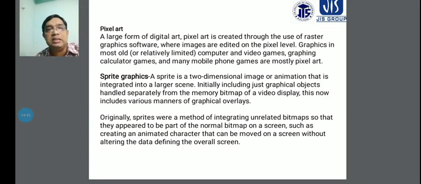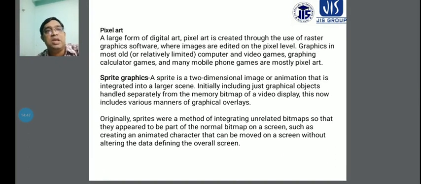Another type is sprite graphics. A sprite is a two-dimensional image or animation that is integrated into a larger scene, initially including just graphical objects handled separately from the memory bitmap of a video display.